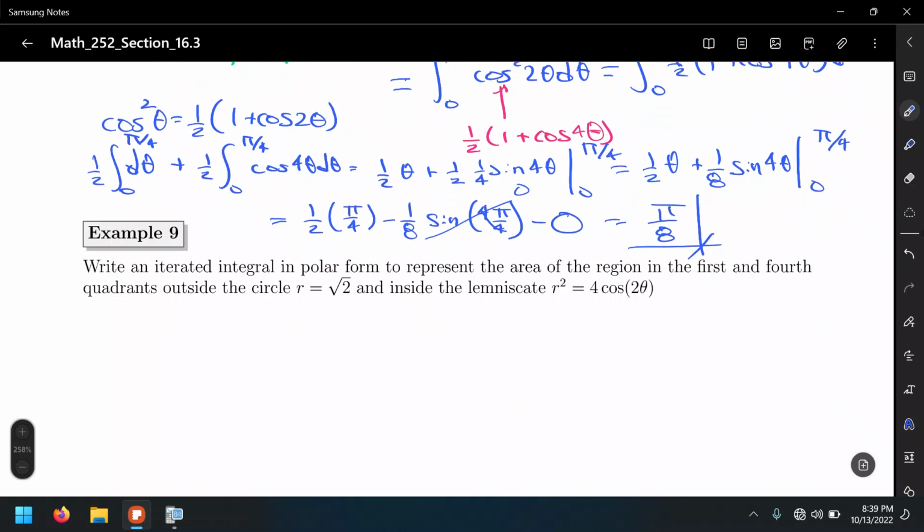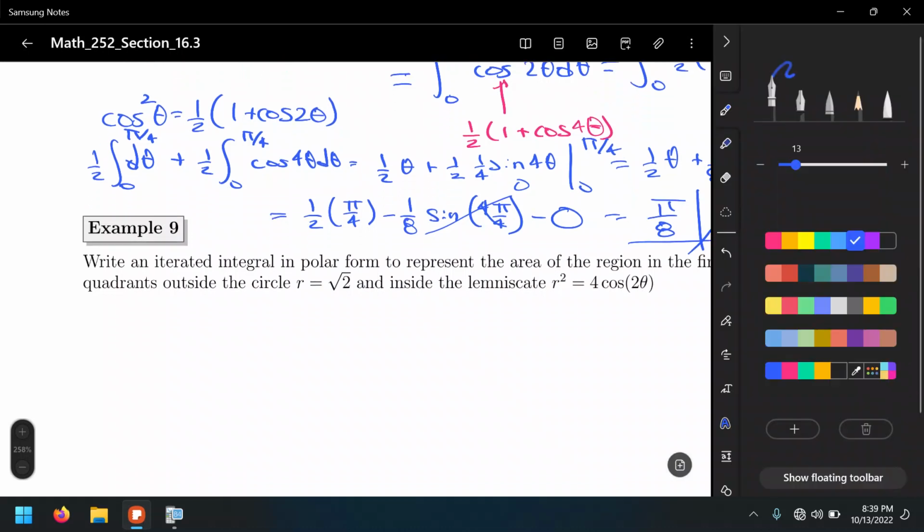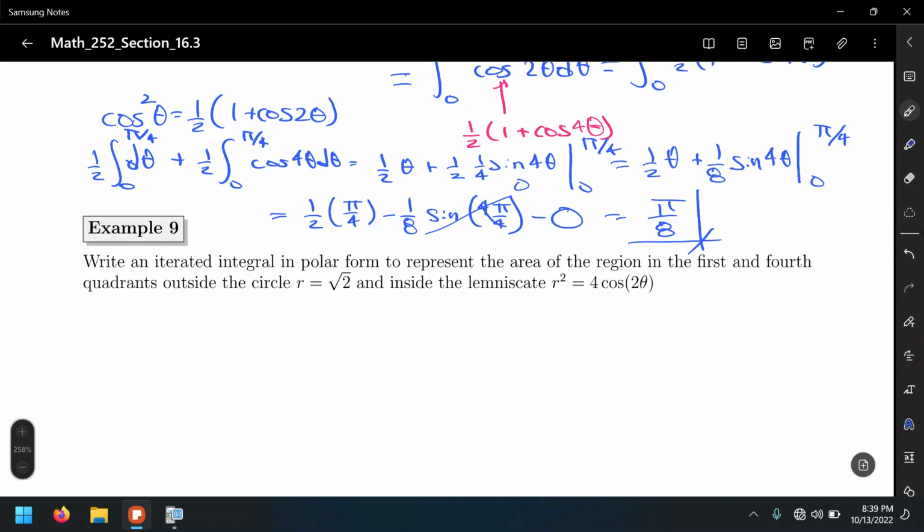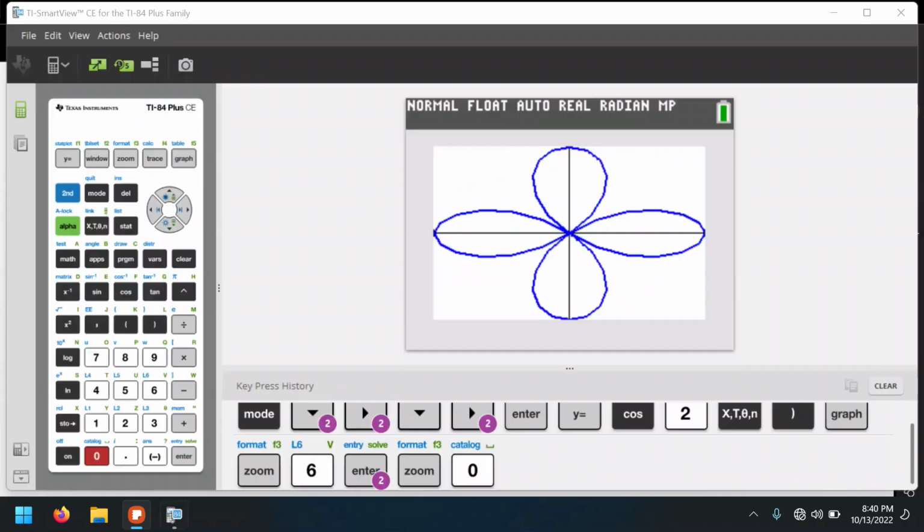So, without getting into too many details, let's get to the graphs. Technically, we would have to draw the graph of r equals plus or minus the square root of 4 cosine 2 theta. So that means plus or minus 2 square root of cosine 2 theta. Okay, let's go to the graphing calculator.